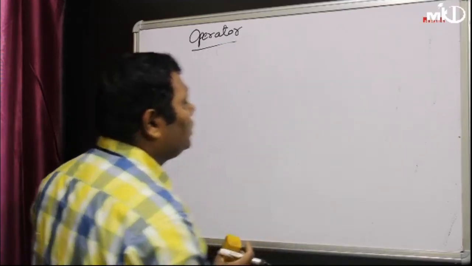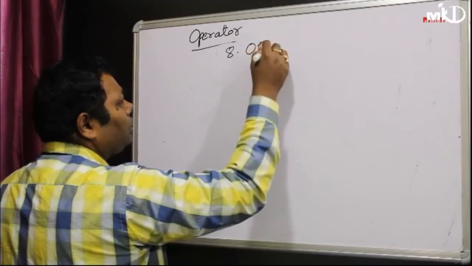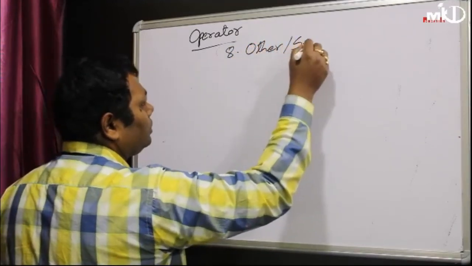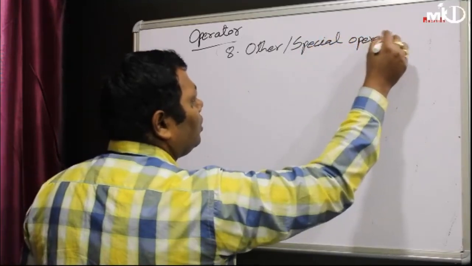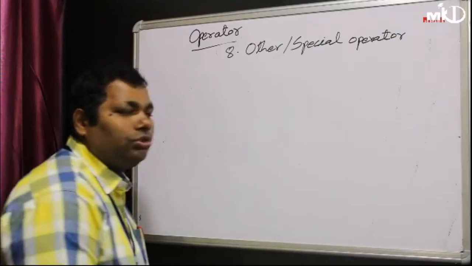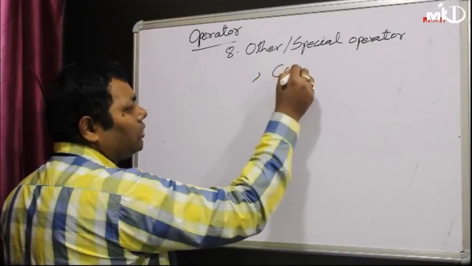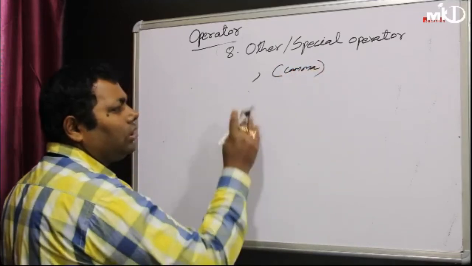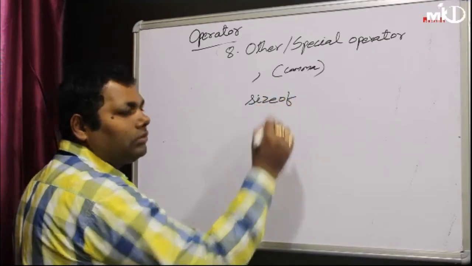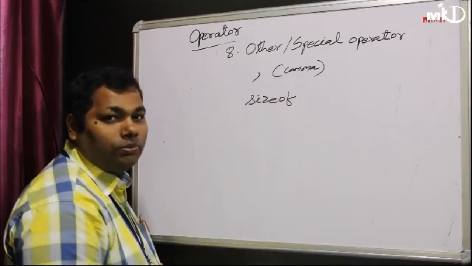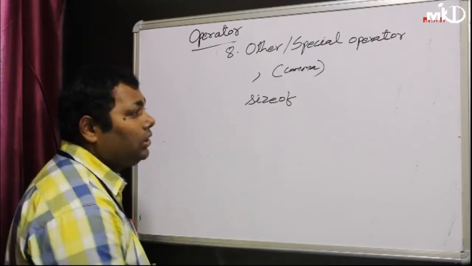Now the next is other operators, or we can say the special operators. Some special operators used in the C language are comma, then sizeof, which returns the size of the variable, that means how much memory is allocated to the variable.